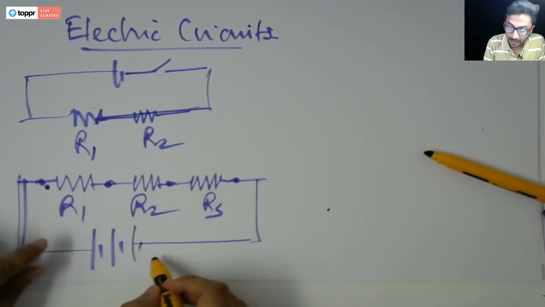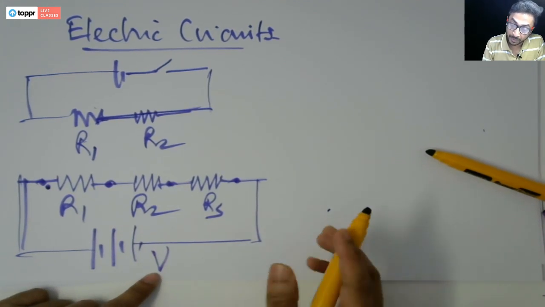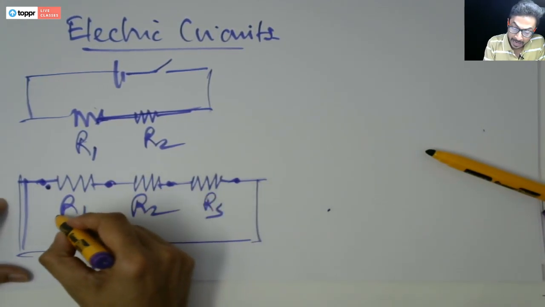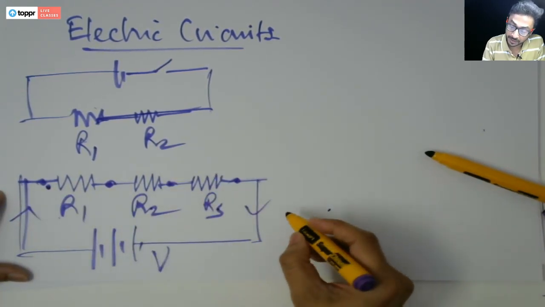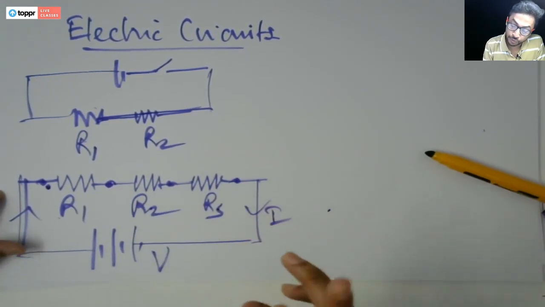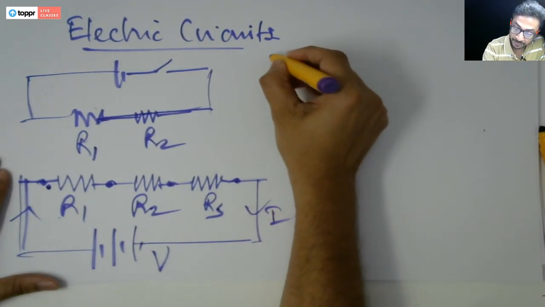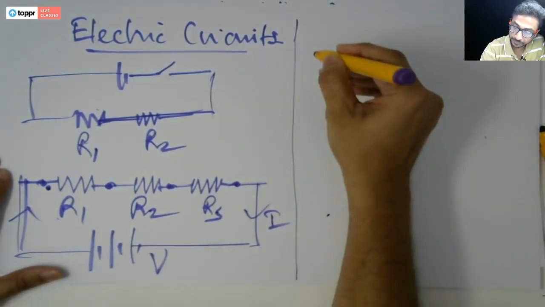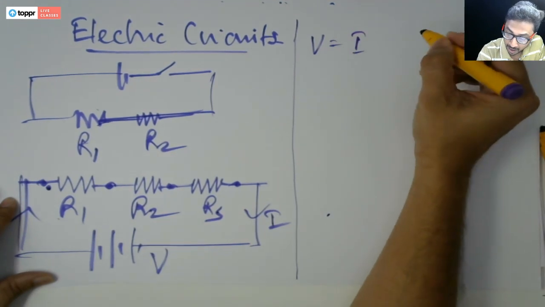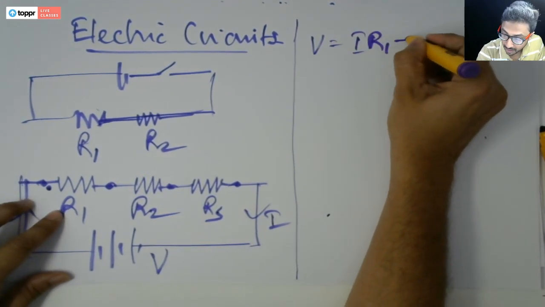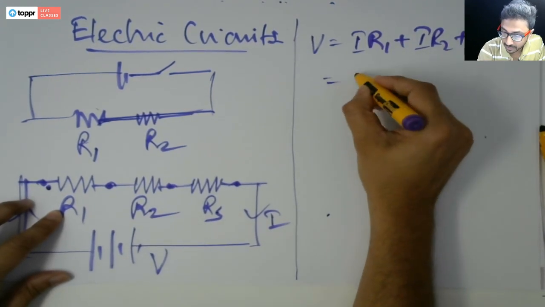And if you add a battery of EMF V or potential difference V, with R1, R2, R3, you will see as there is only one path, so current can flow through only one path, right? And definitely you know that V will be equal to I R1 plus I R2 plus I R3.